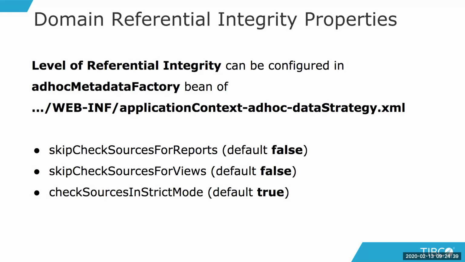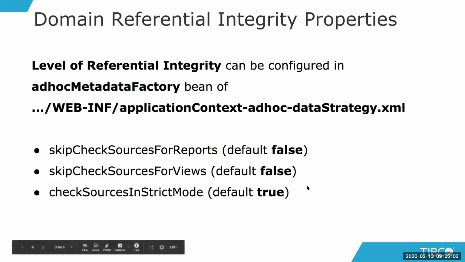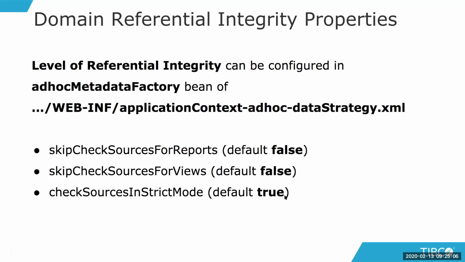So we need to provide some kind of more relaxed way to check for integrity and consistency. For this reason, in 7.5, we introduced 2 options: skip check sources for reports and skip check sources for views. By default, they are set to false. And there is a third one, which is source in strict mode, which defaults to true, and behaves like 7.1.